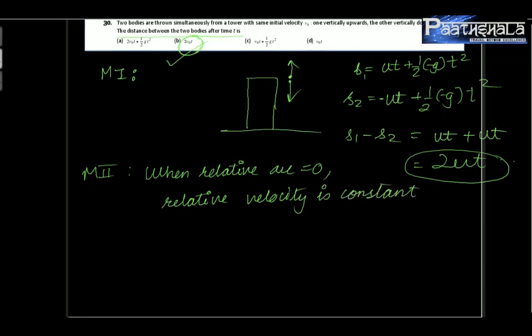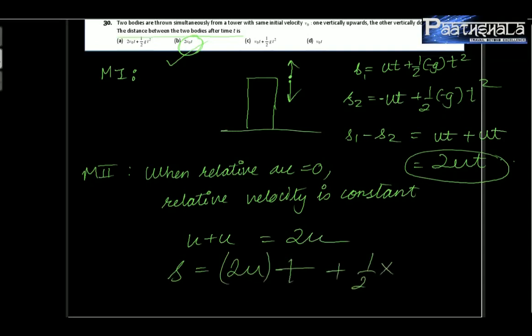So what is the initial relative velocity? u plus u, 2u, right? So 2u is the initial relative velocity. So s, the separation between them, is going to be equal to 2u, the initial velocity, into t, plus half into relative acceleration, which is 0, into t squared. So this is just 2ut, which in our example is 2 v naught t. So B is going to be the answer. Okay, easy.